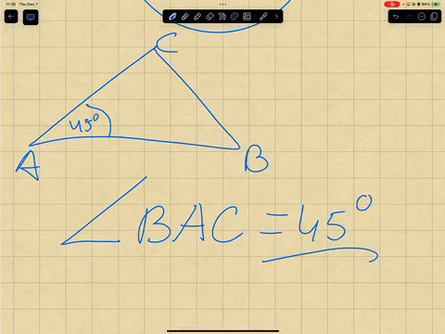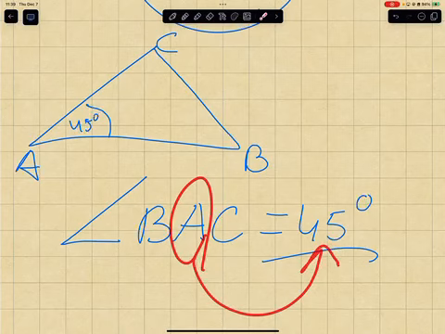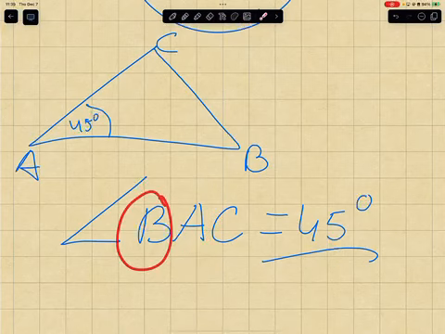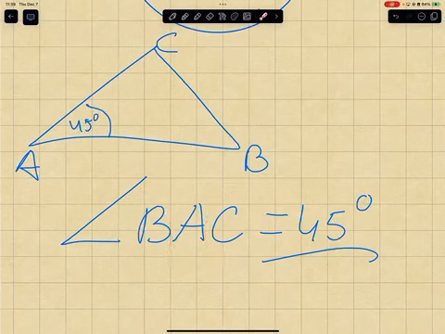It's always the one in the middle that belongs to that degree. So it's not the first one or the last.